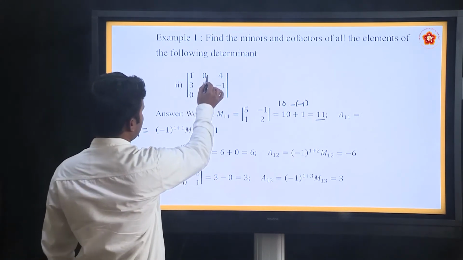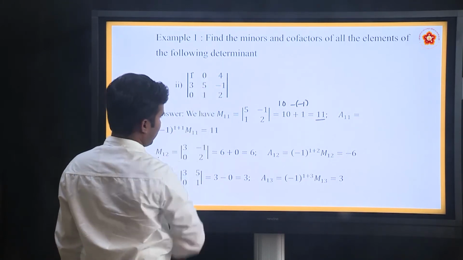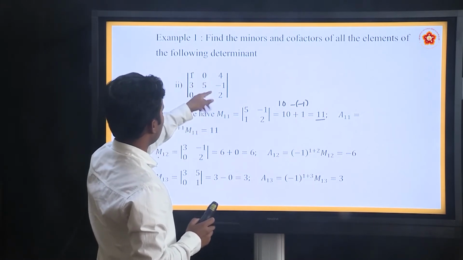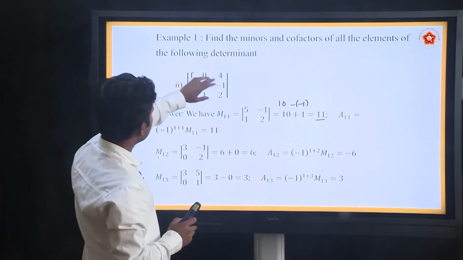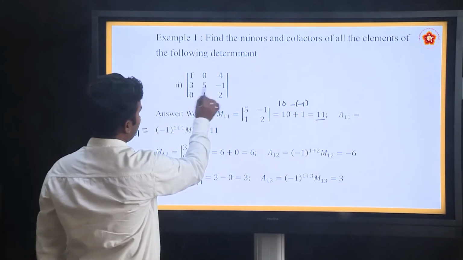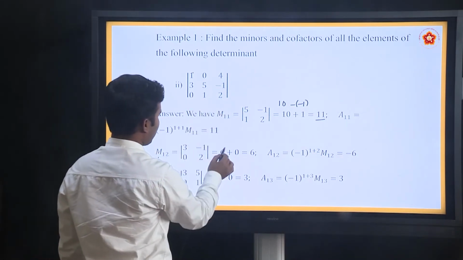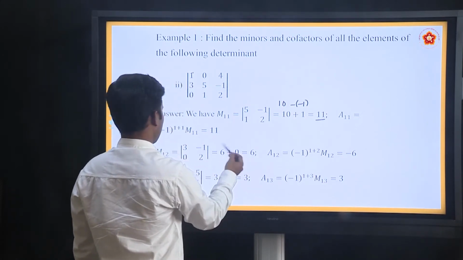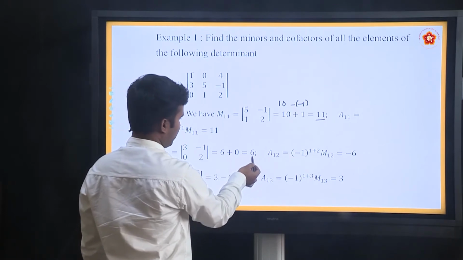Similarly, we can find m12. We have to find the minor of this particular element. How are we going to find it? You just delete the first row and second column where this element lies, and take the determinant of 3, minus 1, 0, 2. You just expand it. So, 3 into 2 is 6, minus minus 1 into 0 is 0, which is 6.